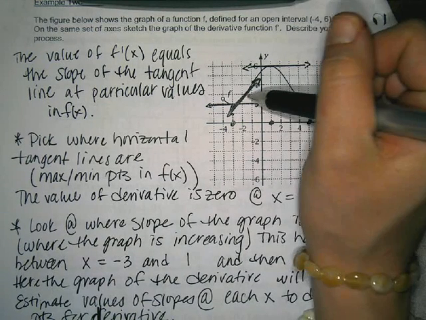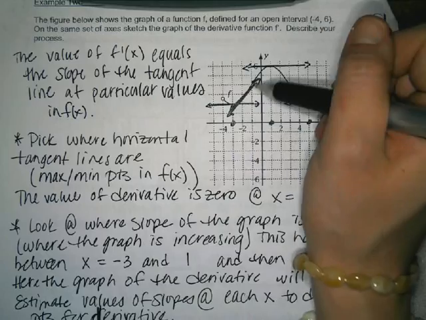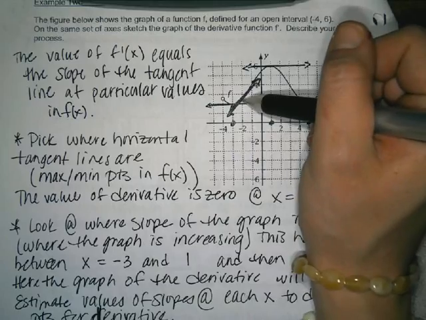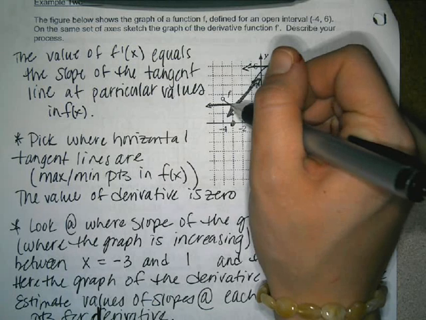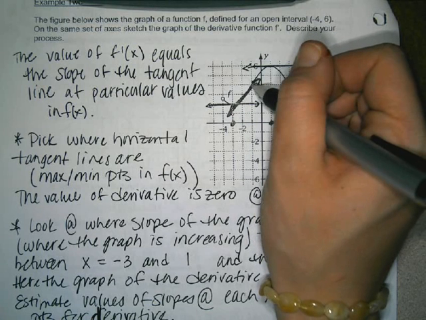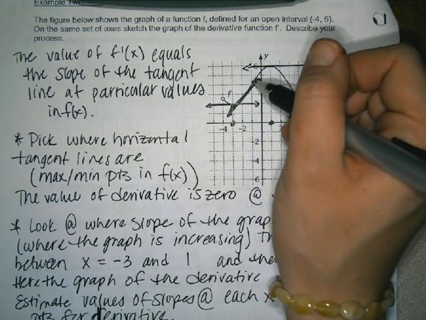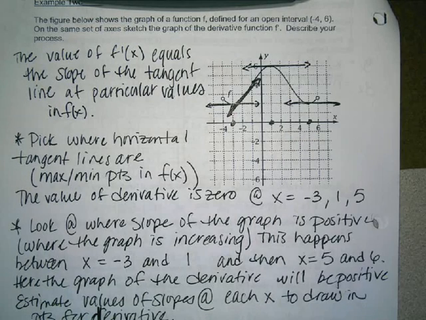What is the slope of this line? If you started here, 1, 2, 3 over 2, I think that's a pretty good estimate. So 3/2 is what decimal? 1.5. So we're going to go ahead and plot that.